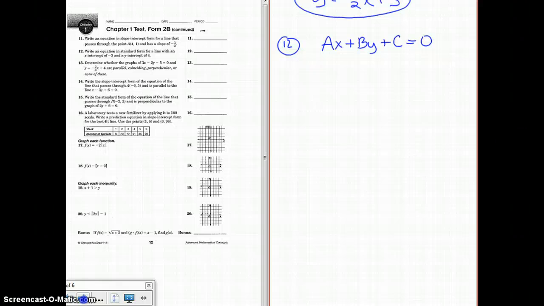Excuse me, ax plus by minus c equals 0. And I have an x-intercept at -3 and a y-intercept at 4.